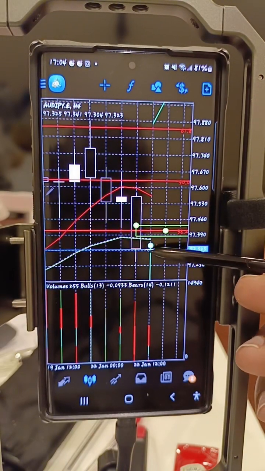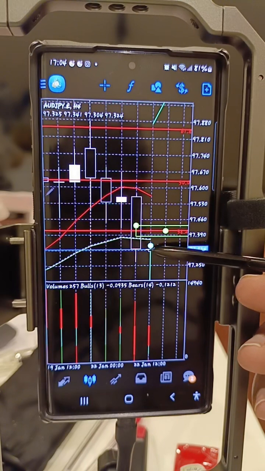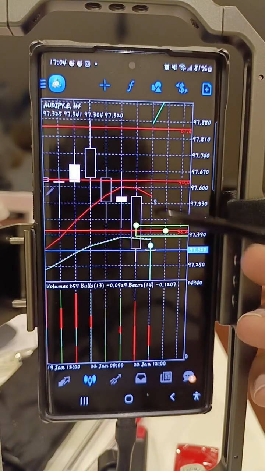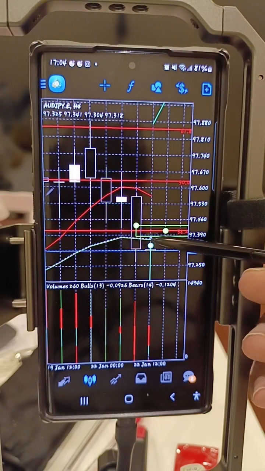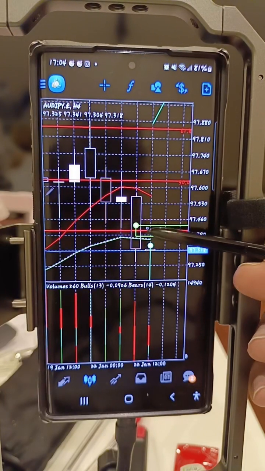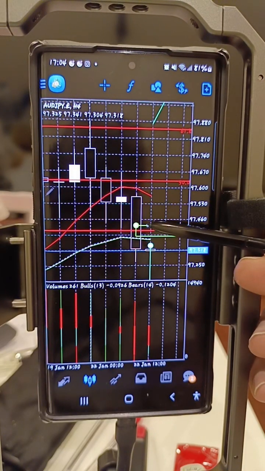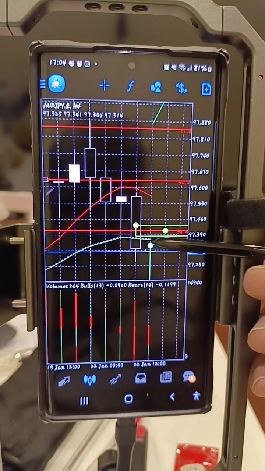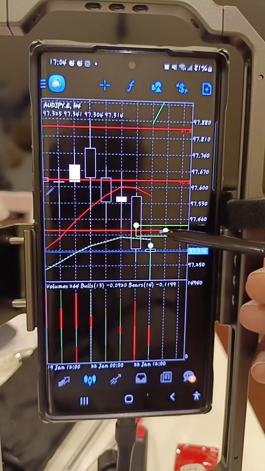So here we go, we're going to see if they're going to buy back into this, or if here is going to be resistance. If here is going to be resistance and they're not interested in the higher price, I'll put in a sell here.